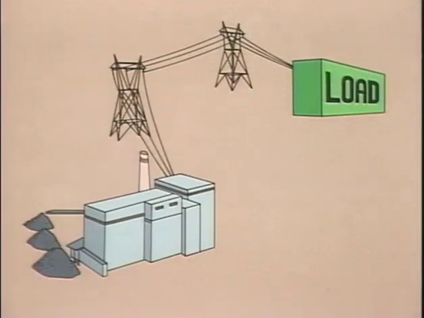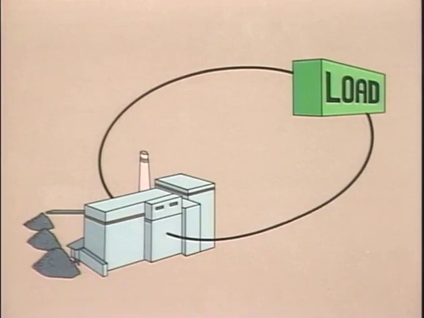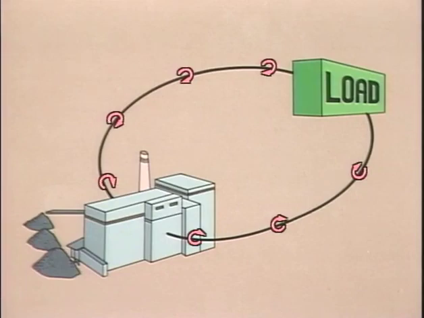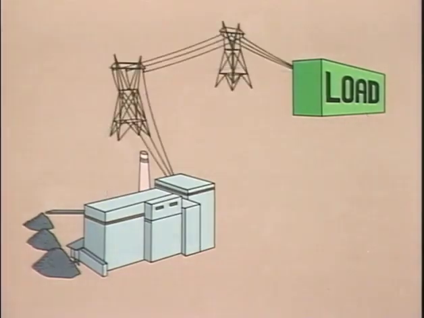We can see how induction develops in a transmission line if we look at it as a loop of wire that runs from a power source through a load and then back to the power source. The current through the transmission line sets up a magnetic field similar to that set up by a one-turn coil. Transmission lines generally experience two types of induction: self-induction and mutual induction.